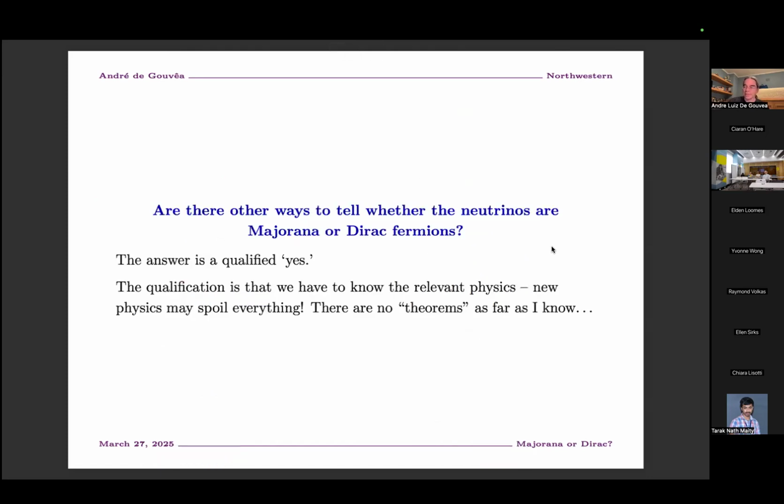Okay, so let me turn to the less familiar question, hopefully, which is, let's forget about lepton number violation for now. And the question is a simple question. If I have a Majorana neutrino and a Dirac neutrino, is there other physics that I can talk about where I get different answers depending on whether the neutrinos are Majorana or Dirac?